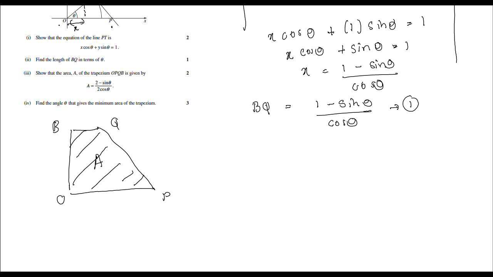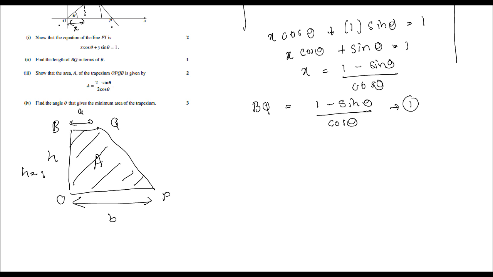Okay, so in this case we need to find that length and H. Let's say this is A, this is B. The good thing is we already know H, because H equals 1.